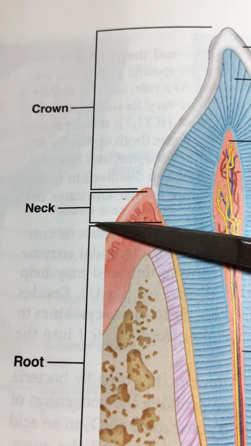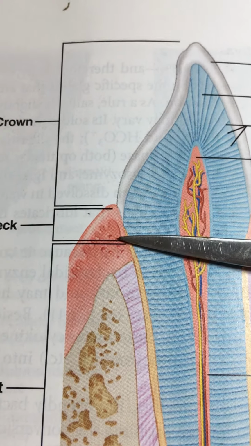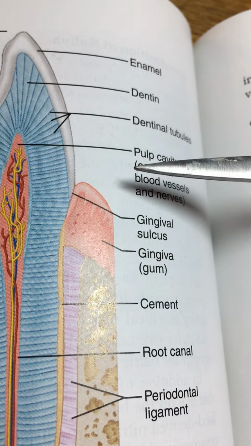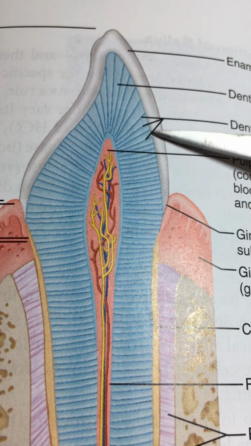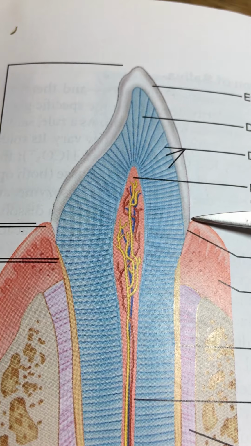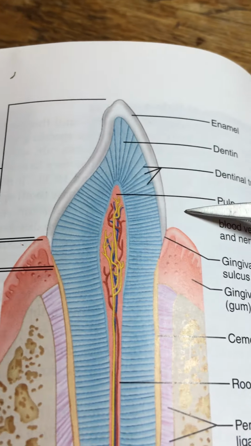Then we have the neck of the tooth before we get to the enameled portion. This part of the tooth is associated with the gingiva, or the gum. And then we have enamel covering the outer surface, which is in contact with food. That would be the crown.